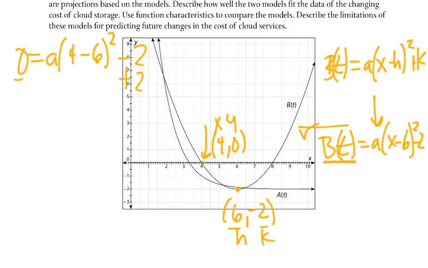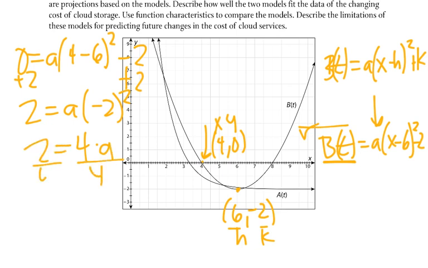I'd add 2 to both sides, so 2 would equal a times 4 minus 6, which is negative 2. Negative 2 squared would be 4. 4 times a would equal 2. Divide by 4, and we'd get 1/2 for a. So my equation for b of t would be 1/2 times (x minus 6) squared minus 2.